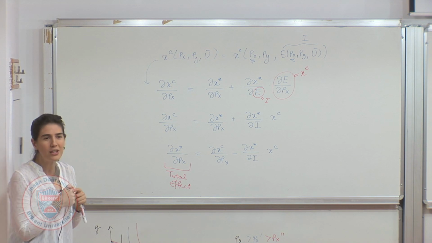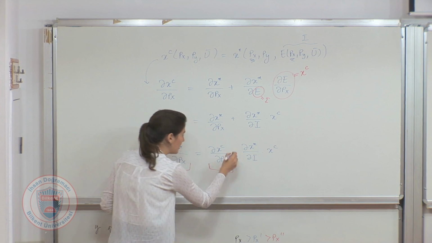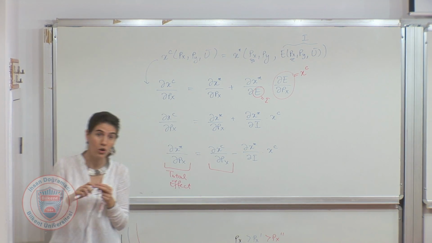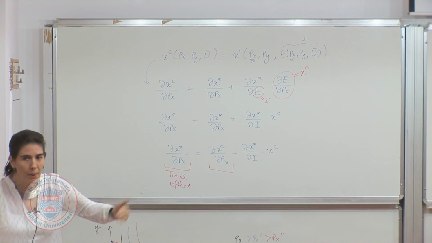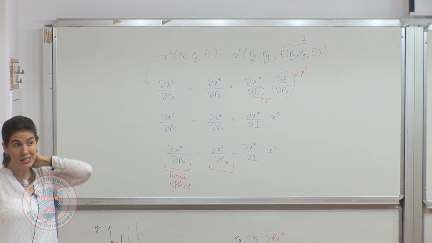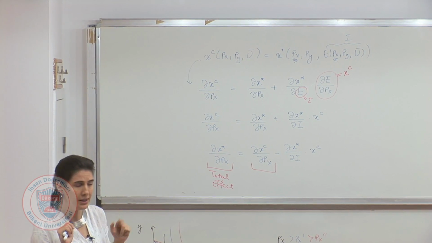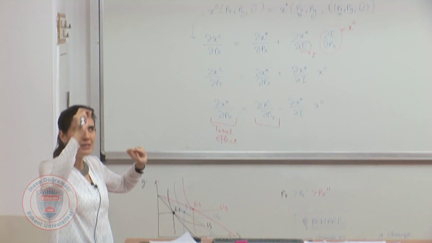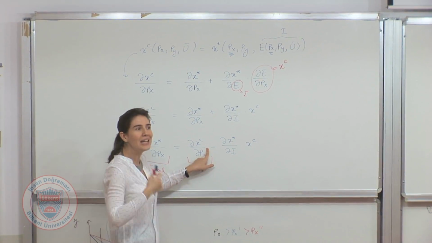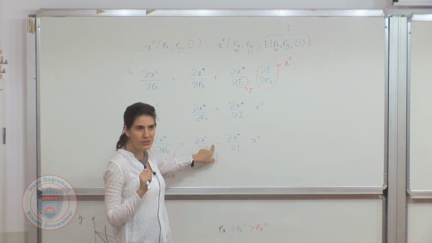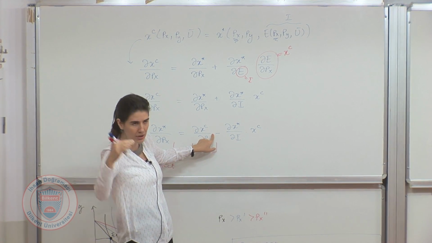So which one do you think is showing us the substitution effect? Right, the first one, because what is this? It is the slope of the compensated demand curve, and we know that on the compensated demand curve there is no income effect, right? So we compensate the individual for changes in price, actually for changes in the real income. When price increases, for instance, I give this guy a little bit of extra money so that he can be on the same utility level, the same well-being level, right?